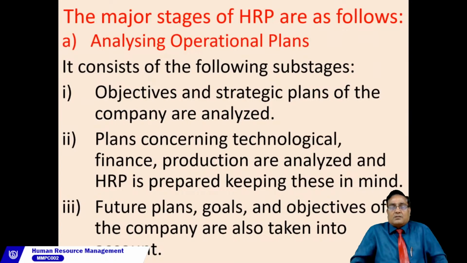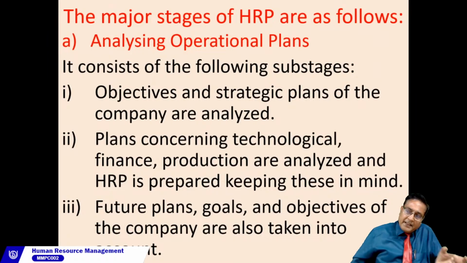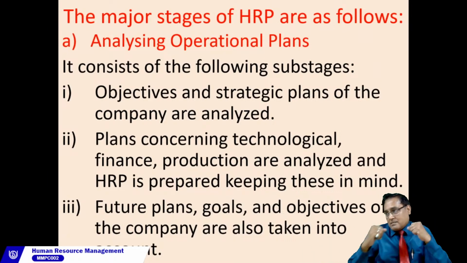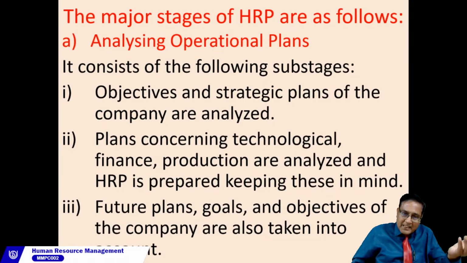The major stages of HRP are as follows. Under heading A, analyzing the operational plans. It consists of the following sub-stages. Objectives and plans of the company are analyzed. First of all, the objectives, strategies, and plans of the company are analyzed.